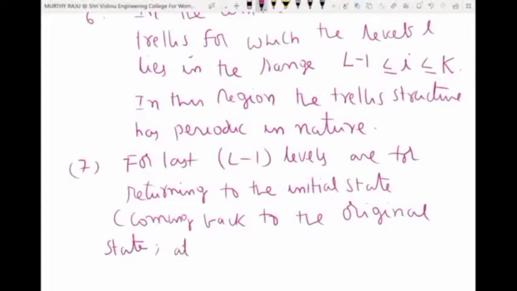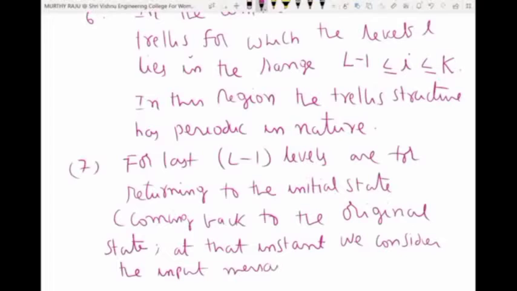At that instant, we consider the input message bits are zeros. Very, very important points.